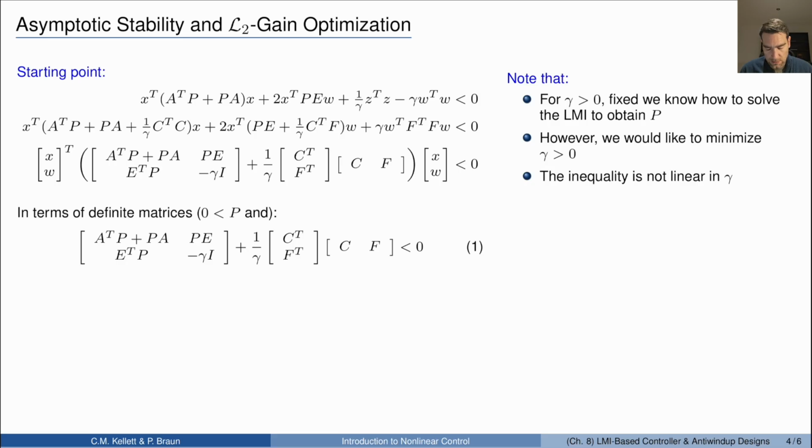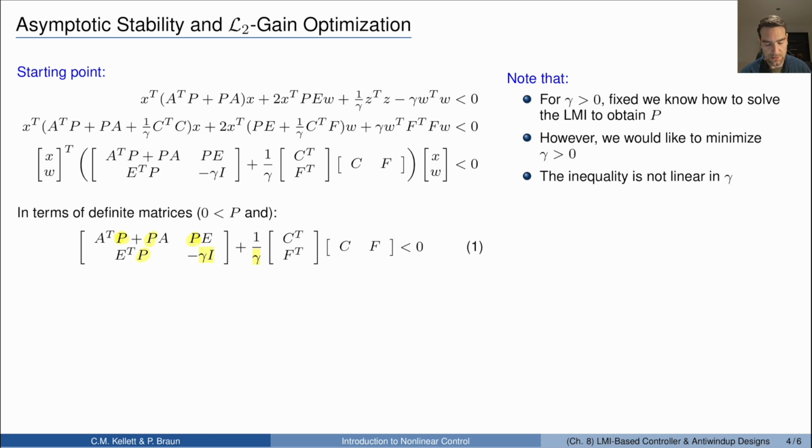Now let's recall what the unknowns are. We said we are interested in finding gamma and P, but if we inspect these different components, we see here the unknown P. That's all fine, it appears linear. Here we recover the component of the Lyapunov equation, and it also appears linear in the term P times E, or E transpose P. But the factor gamma appears once as gamma times I and then as 1 over gamma.